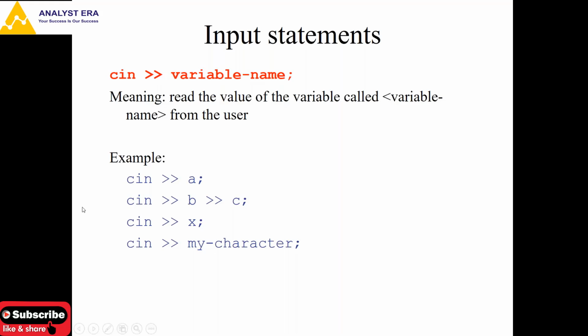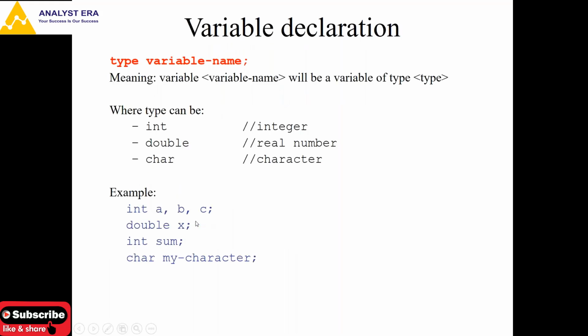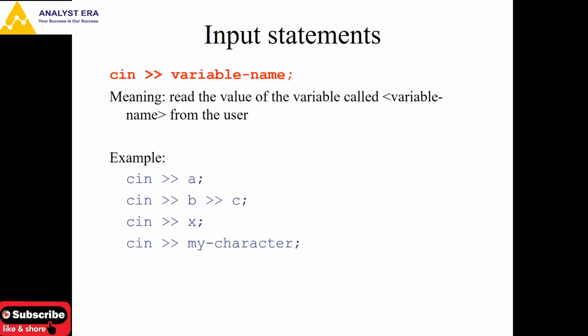If I say cin b and c, then the code will expect two integer inputs at once. Then cin x is a double, so the user should put a decimal number, and then cin of a character, where the code will expect a character from the user.